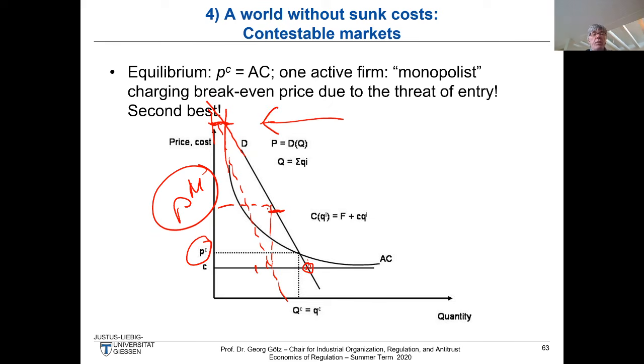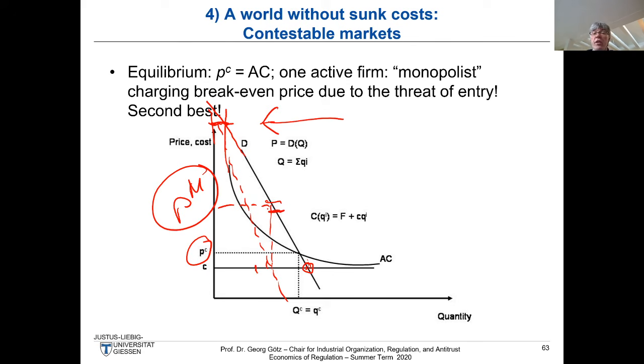This would be a solution where the incumbent breaks even and makes zero profits, but an entrant would enter here and charge the monopoly price. So this is, again, not sustainable. Yeah, so that's already it. It's actually straightforward and very amazing.